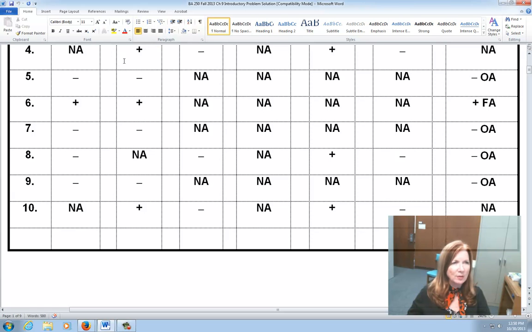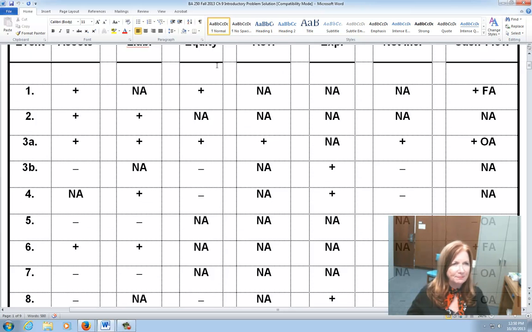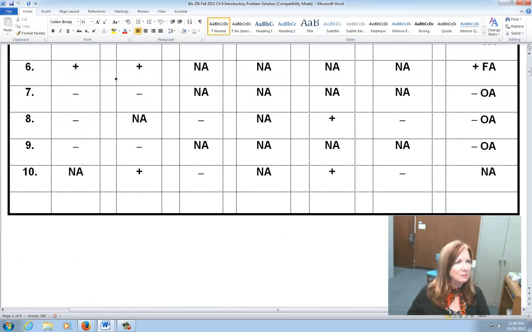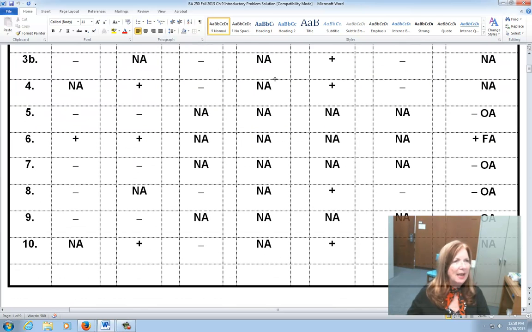I have this warranty payable going up, and I have equity going down, and expenses going up, and nothing in the cash account. No effect in the cash flows. So we just do each one of these.